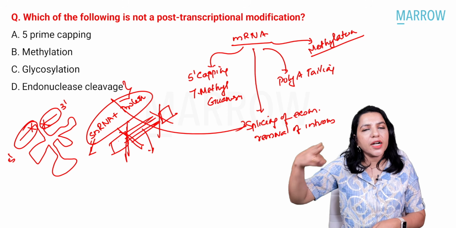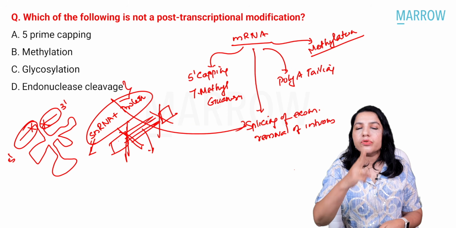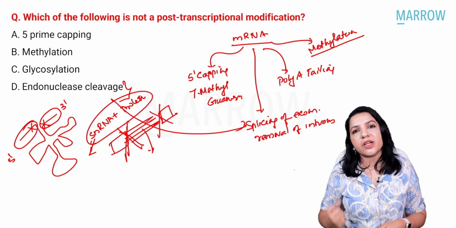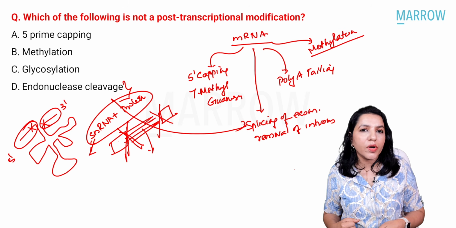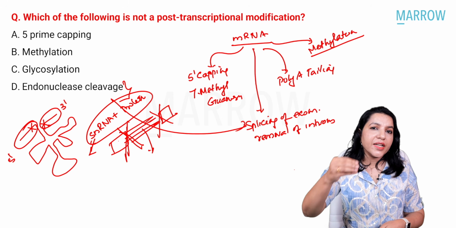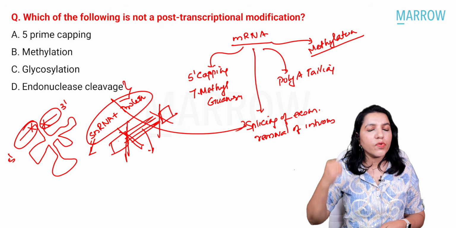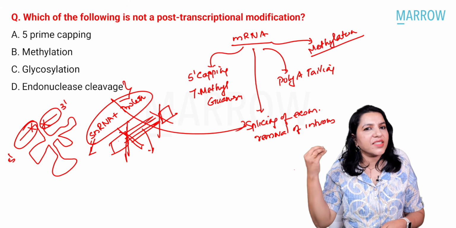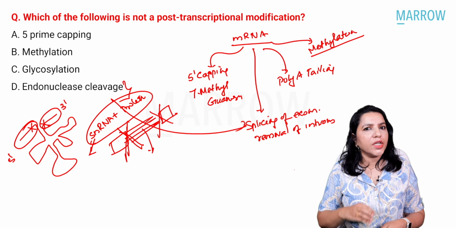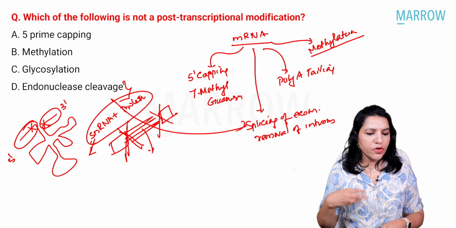All these have to be cut from the long RNA that we are getting, which means endonuclease cutting is there for ribosomal RNA. Then if you see the post-transcriptional modification of microRNA, Dicer and DGCR8 are something which cut the microRNAs. So there also what we see is an endonuclease cleavage. So we can see the endonuclease cleavage invariably in almost all post-transcriptional modifications of the RNA.